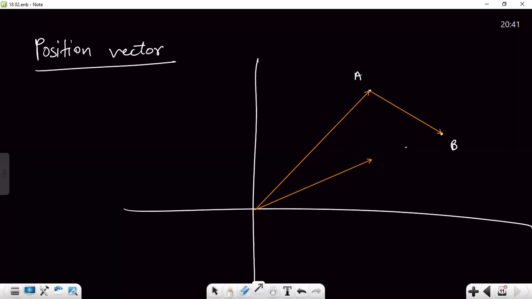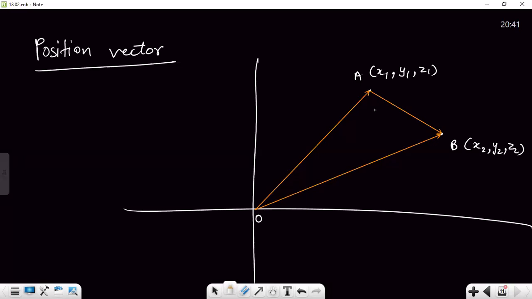Then B will also be having a vector from the origin, right? So let's consider A is having coordinates x1, y1, and z1. B, x2, y2, and z2. So AB vector, how do we find out this?